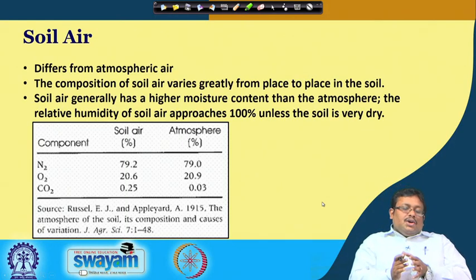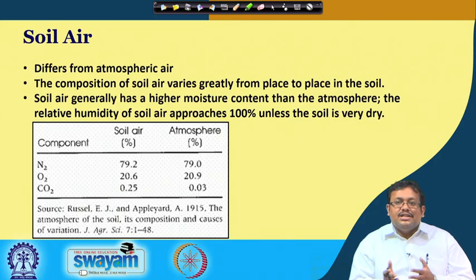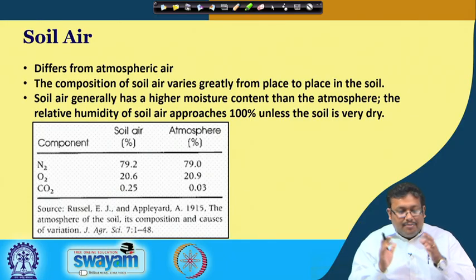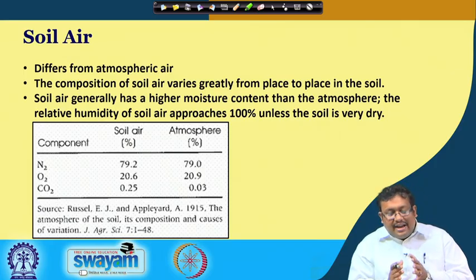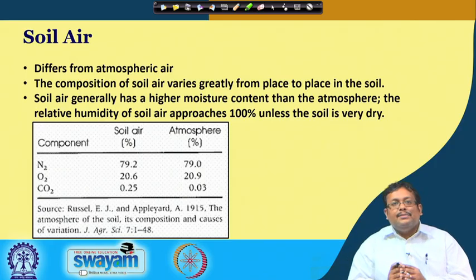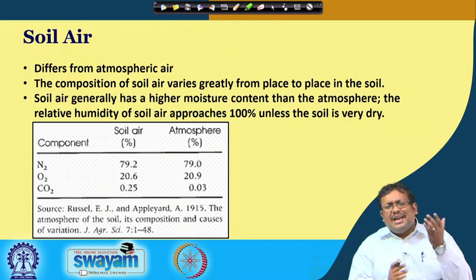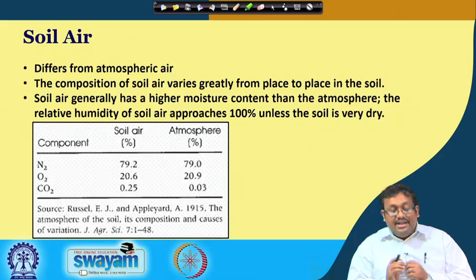Now, the composition of soil air obviously differs from atmospheric air. It varies greatly from place to place, and soil air generally has a higher moisture content. Sometimes it reaches a humidity of 100% unless the soil is very dry.